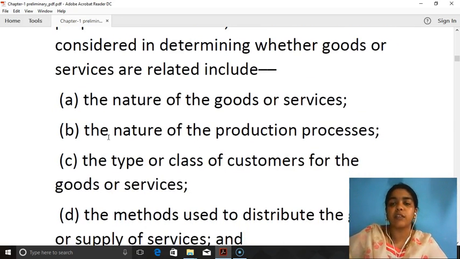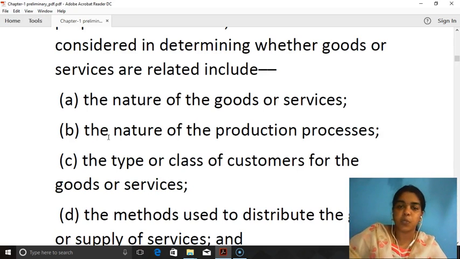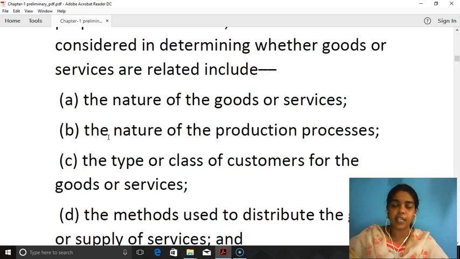The nature of the goods or services. So you have to check out the nature of the goods or services to finally come to a conclusion whether it is a separate business vertical or not. Suppose if the nature of the goods is such that both cannot be combined together, then what it requires? It requires a separate business vertical.